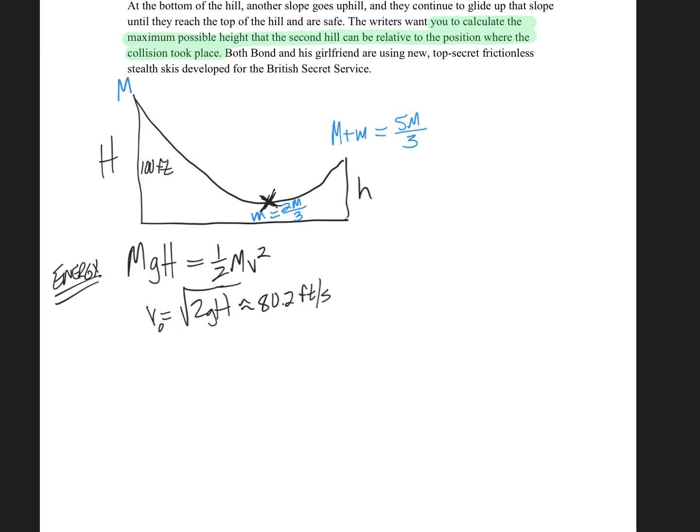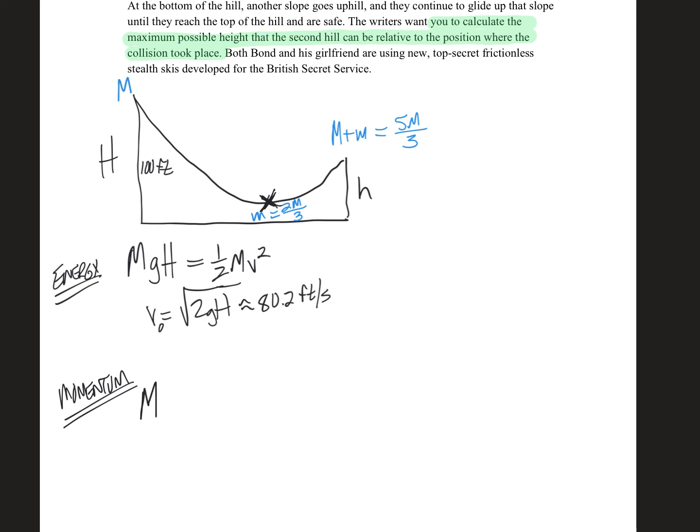the collision point, where now we're going to have a momentum transfer, and then we're going to do an energy balance to get back to that new height. So momentum. Make sure I spelled that right.